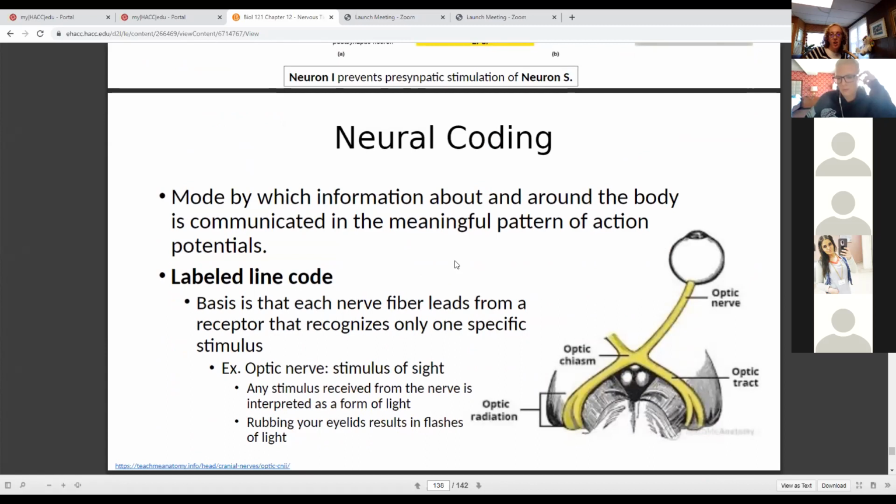Last part, neural coding. This is the mode by which information about and around the body is communicated in a meaningful pattern of action potentials. We often call this the labeled line code. The basis of this is that each nerve fiber leads from a receptor that only recognizes one form of stimulus.